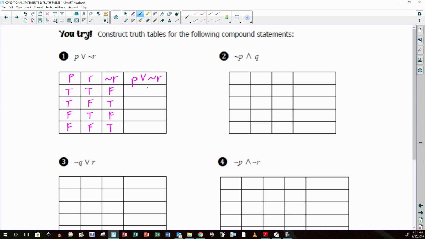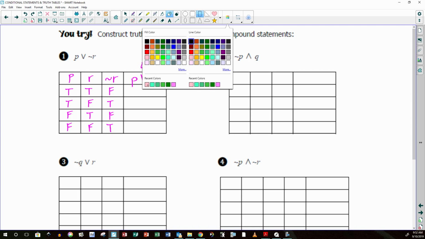And now you're going to compare P or not R. So remember, when it's or, only one part has to be true. So this is what I always do. I always cover up the column I don't need. Since I'm only comparing P and not R, then I don't need this column here in the center.